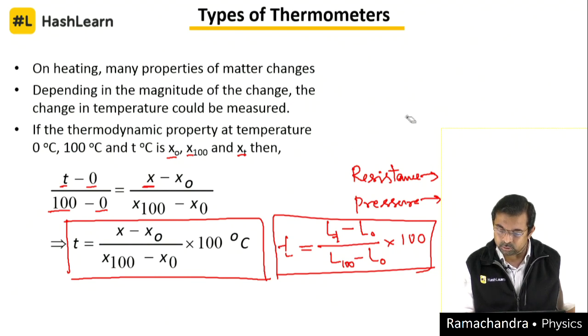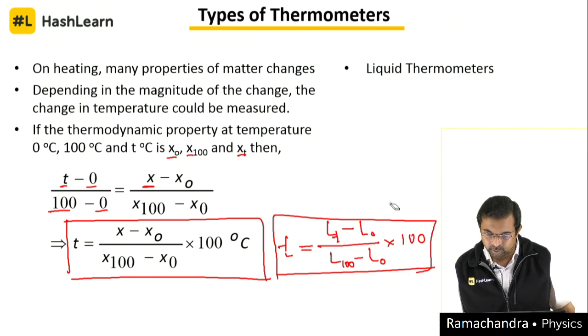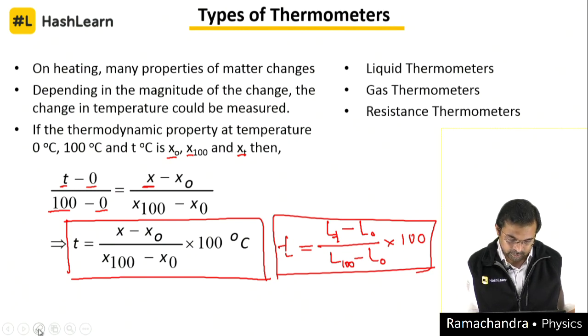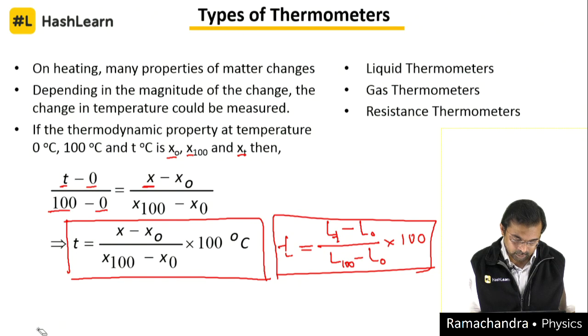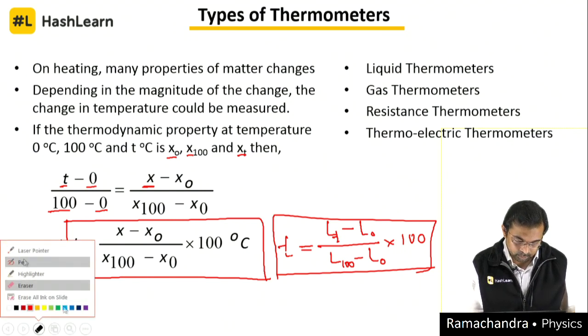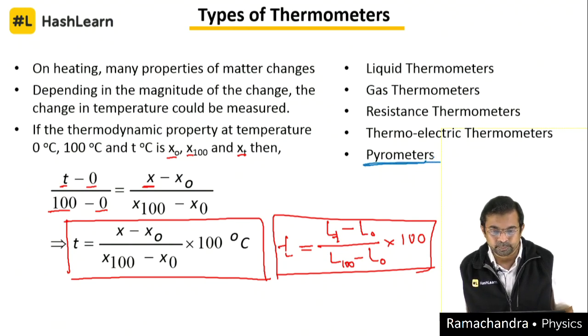One is liquid thermometers, the second is gas thermometers, the third is resistance thermometers as I informed earlier, and then thermoelectric thermometers, thermocouples you can say. Then pyrometers, yes, this pyrometer is an interesting one. Does anybody know about pyrometers?